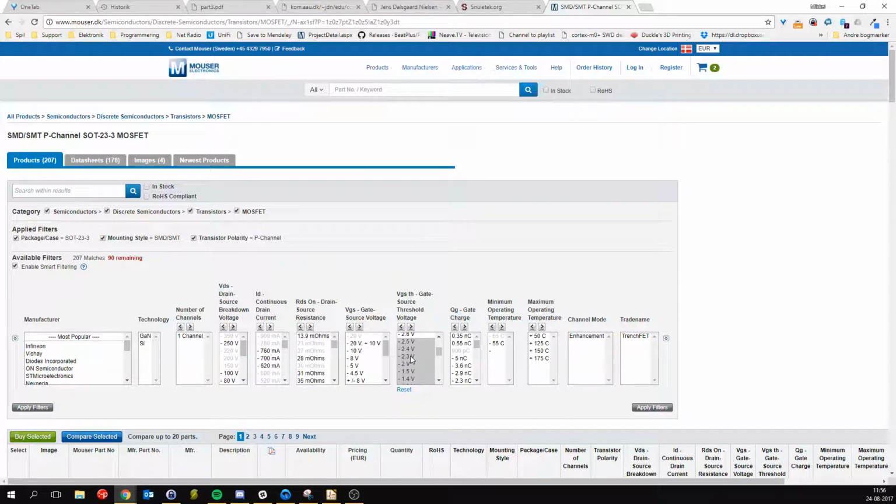Because this is a PMOS, you have to select greater than, because these are negative voltages. Right, and then we need a continuous drain current of that or lower.